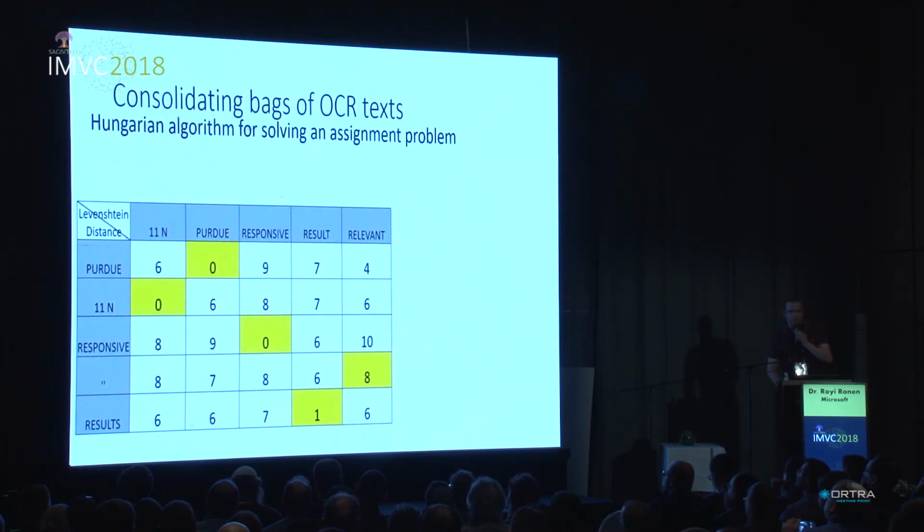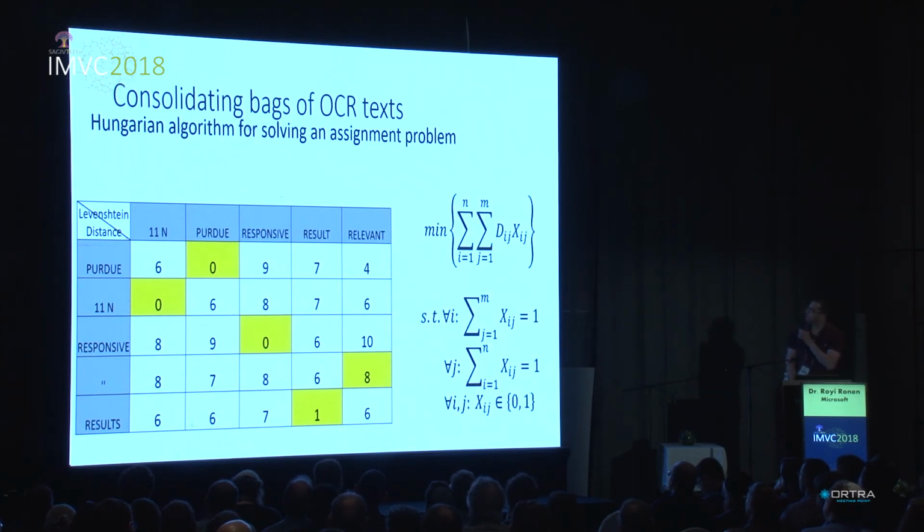After that, we have a lot of lines that are related to individual frames. Then we have another consolidation step. We take every two consecutive frames that have OCR detections in them, and we minimize this equation: how do we get the least distances between pairs of strings that appear in the two consecutive frames.